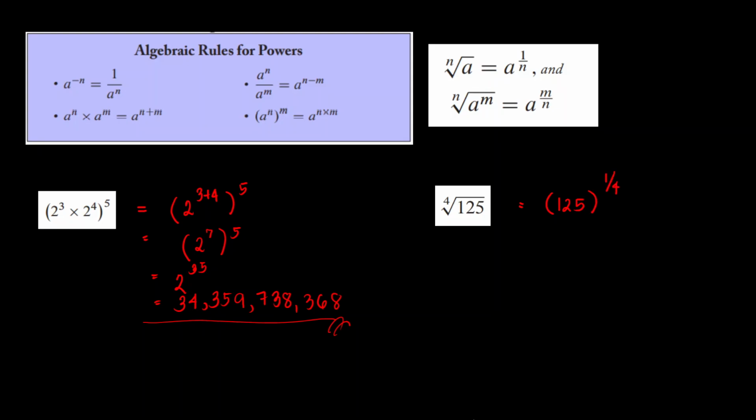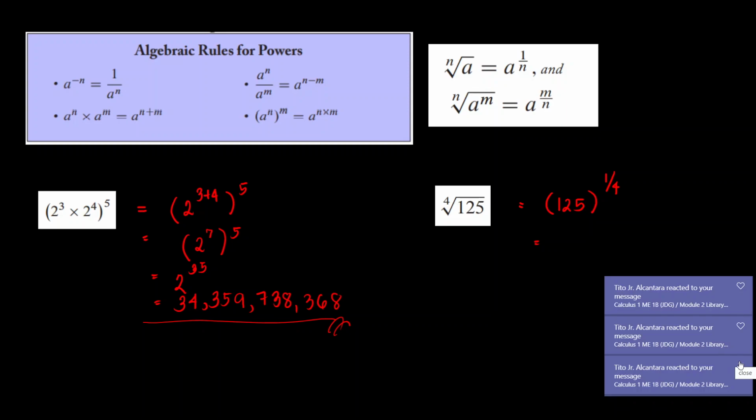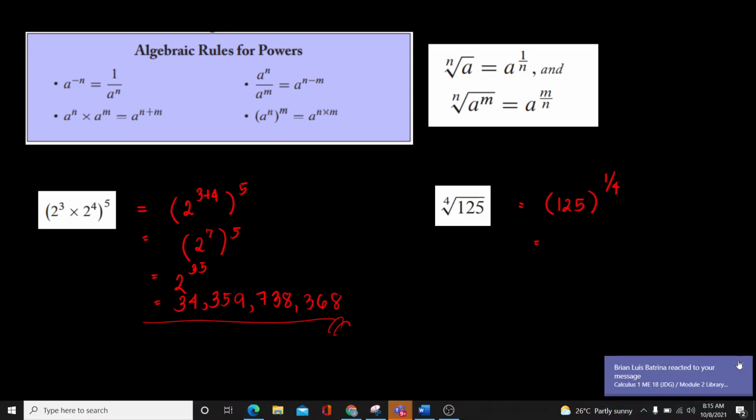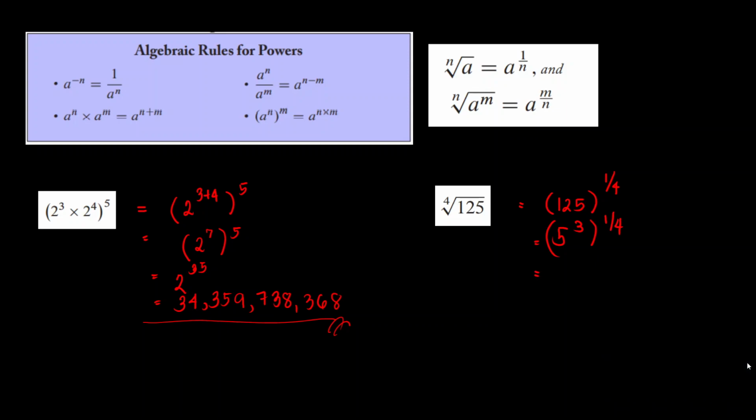Pwede rin natin siyang isulat as, 'di ba, ito ay perfect cube, so 5 raised to 3, raised to 1 over 4, or pwede siyang maging 5 raised to 3/4. Okay? Yan, pwede na po yung final answer natin. So, that's how you manipulate powers.